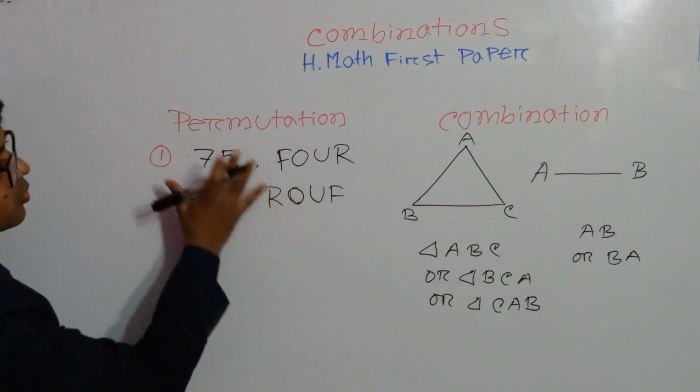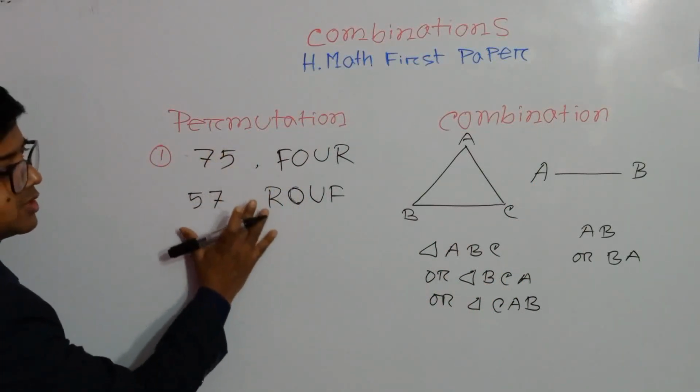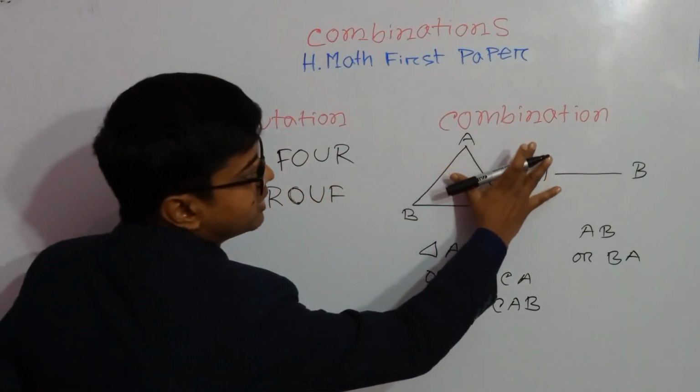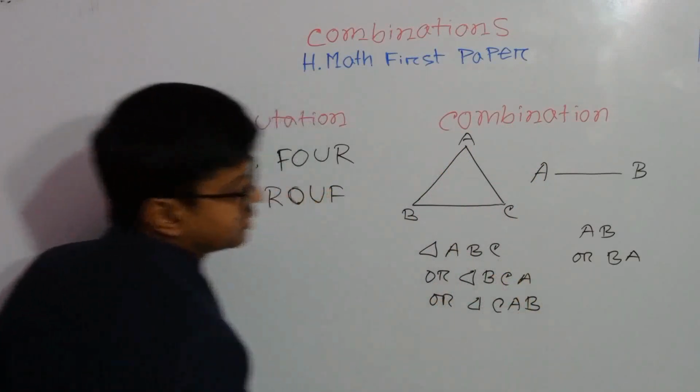So for permutation, order is a factor, and for combination, order is not a factor.